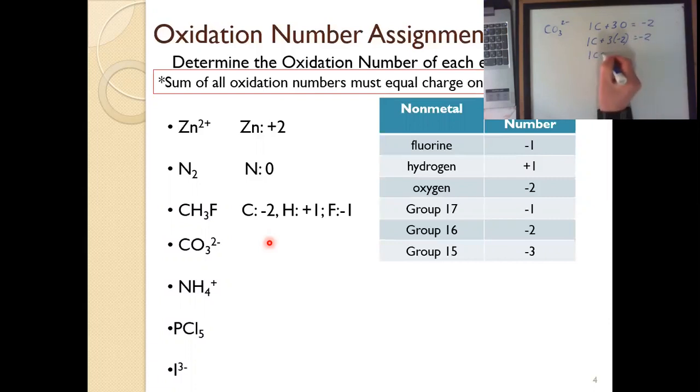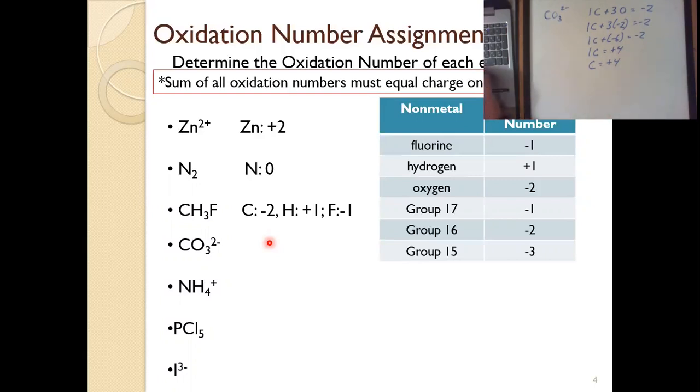So we have 1 carbon plus -6 equals -2. As a result, 1 carbon must be equal to +4. So carbon has an oxidation number of +4 in this structure, and oxygen has the preferred oxidation number of -2.